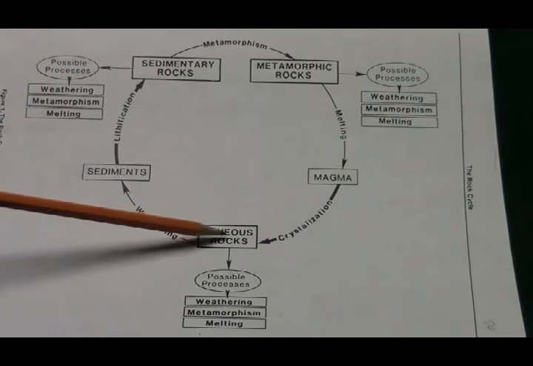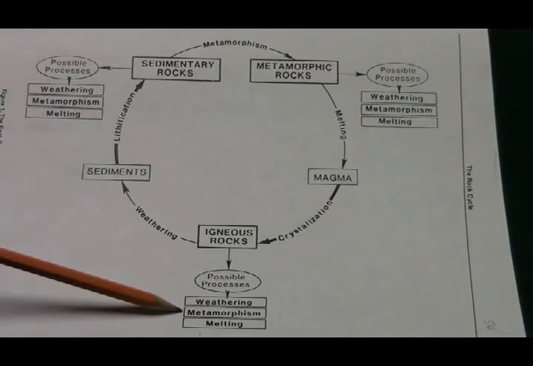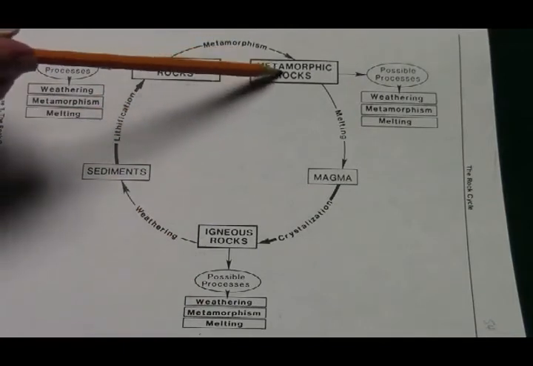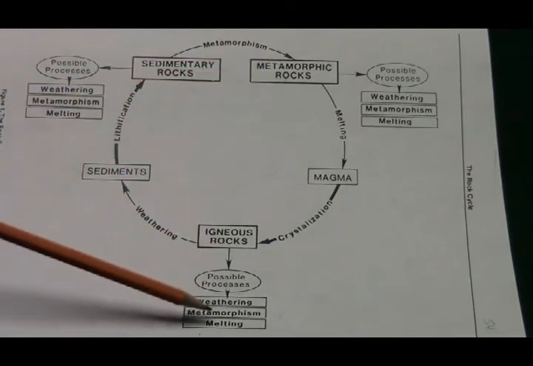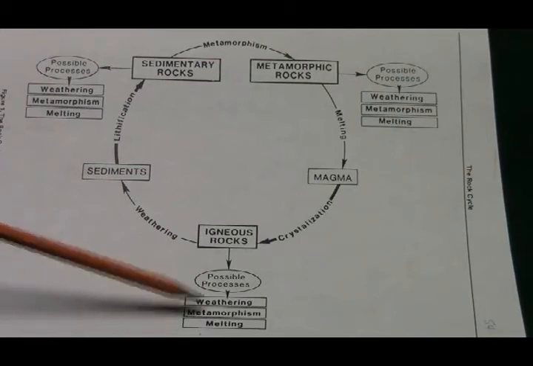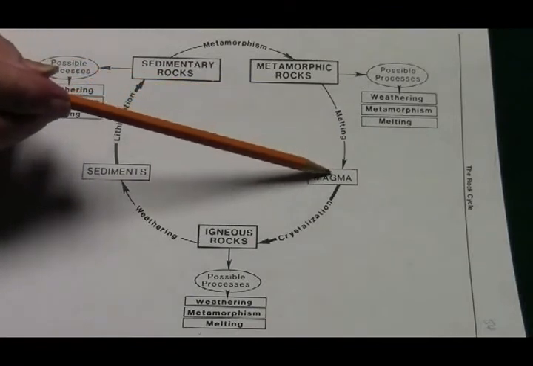Igneous rock, if they are exposed to high temperature and high pressure, undergo the process of metamorphism, and metamorphism is always going to form metamorphic rock. Igneous rock, if they're exposed to high temperatures, are going to melt. And if igneous rocks melt, then they're going to go back and form magma once again, from which they came.